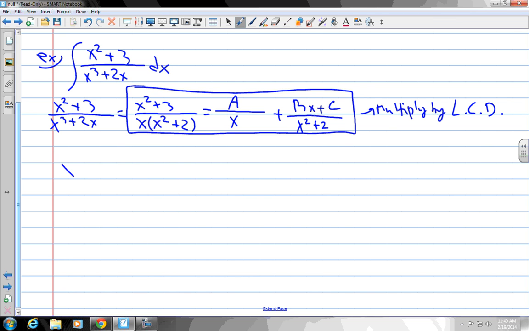Yeah, x squared plus 3. What about the right side? x squared plus 2 plus, yeah, Bx plus C times x.